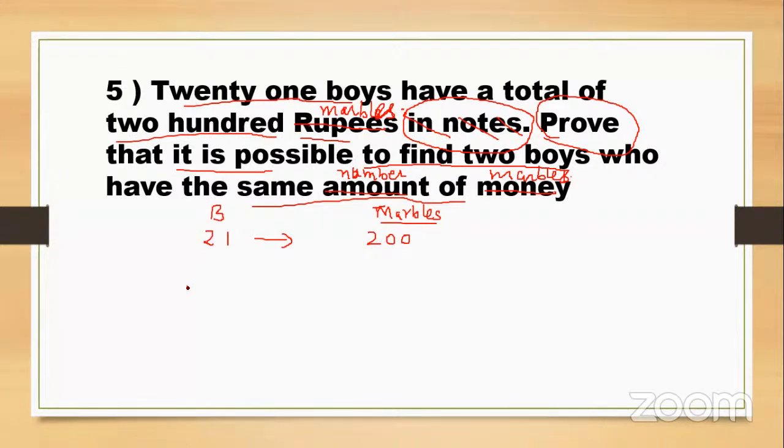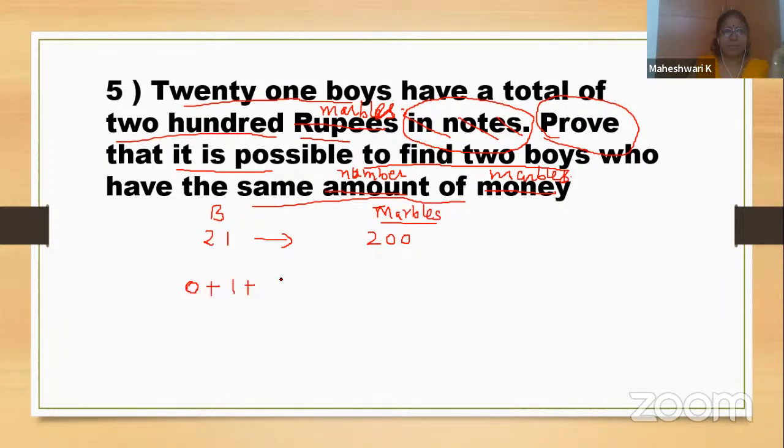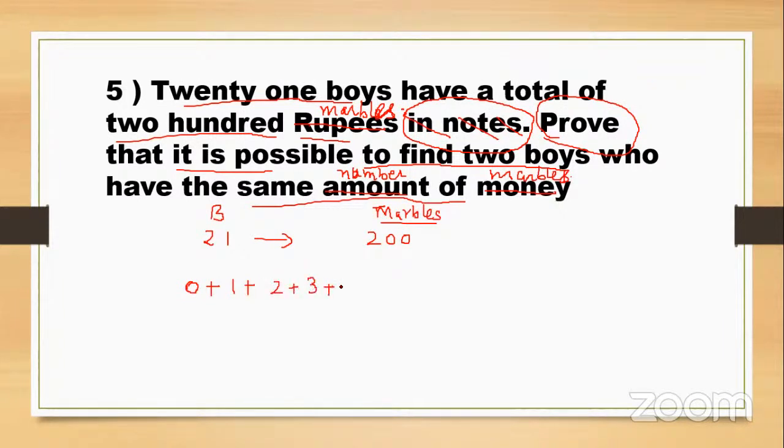I should arrive at some contradiction here, because it's a proof. If I assume that all of them have distinct numbers, then even if one person has 0, plus 1, you will get a sum.